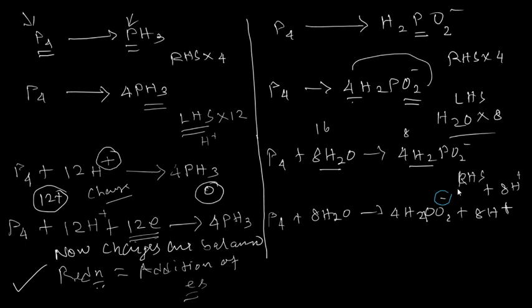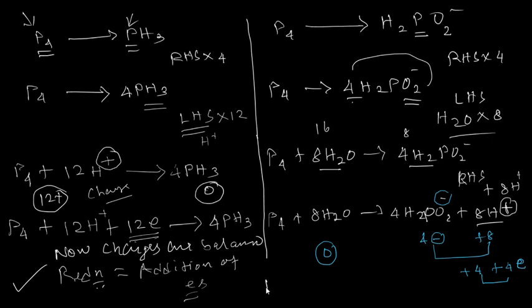Now we have to add 4 electrons on the RHS side to balance the charges. 8 minus 4 is equal to 4, so plus 4 electrons. Now the charge is balanced on both sides.